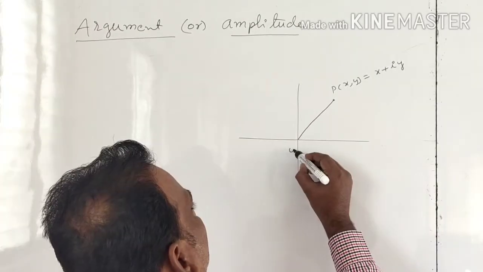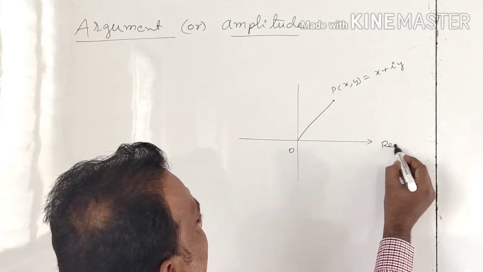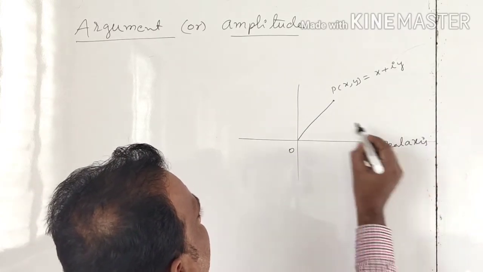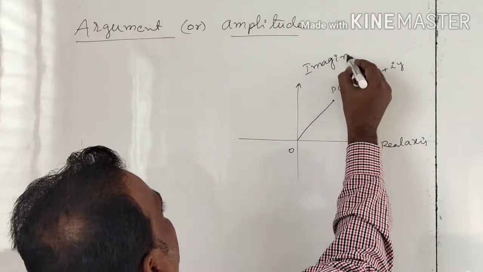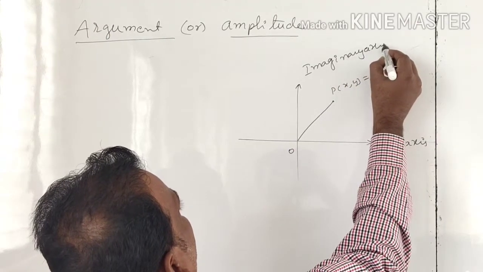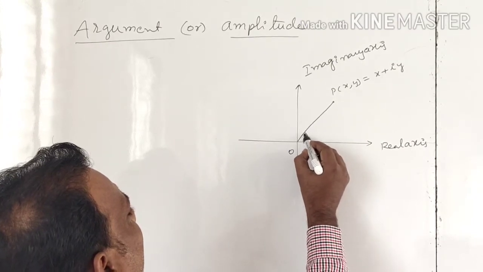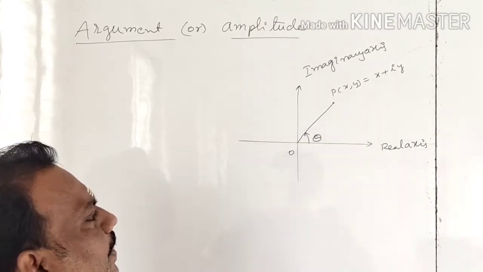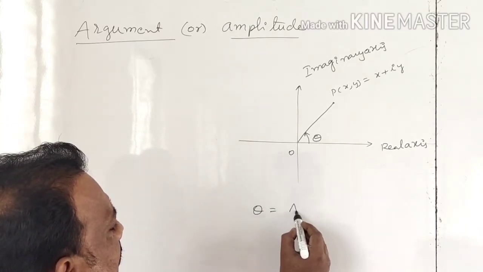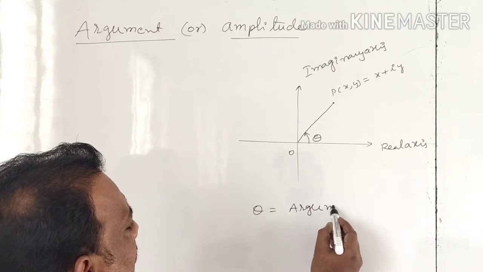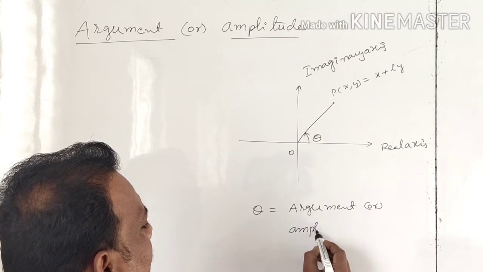So this is taken as OP. This is the real axis, this is the imaginary axis. This line OP makes an angle in the positive direction, theta. This is always called the argument. Theta is called the argument or amplitude.